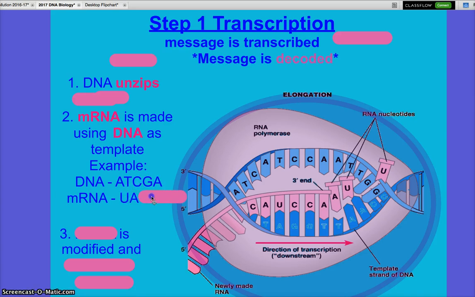Who could finish it? UA. It's UA, because A would go with T, right? And instead of T's, RNA has a U. T would go with A, right? So what's C going to go with? G. What's G going to go with? C. What's A going to go with? U. UAGC. So it's corresponding bases.